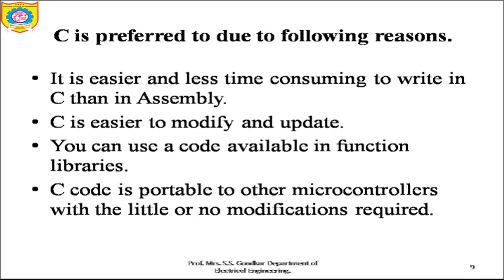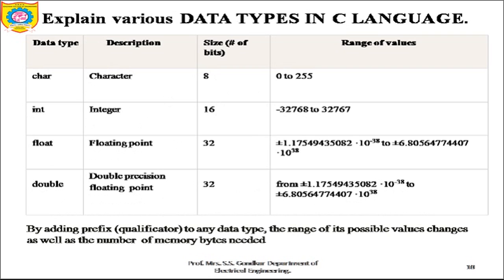There are different families of microcontrollers, and C language can be made compatible by making a small change, or sometimes no change is required in a C program in order to make it compatible with the different families. Then the most important point is the data types in C language.